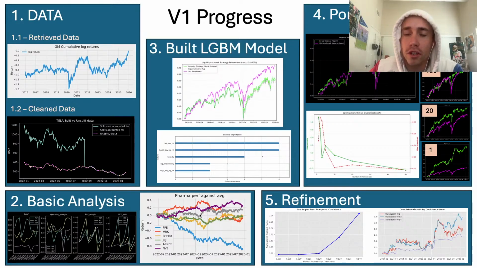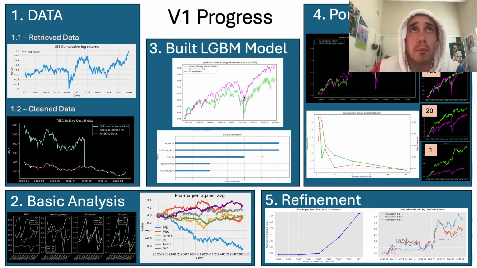So the next thing to do was to put this into a model that I can train and spit out outputs. This is a LightGBM model. GBM stands for gradient boosting model. It's like a random forest, but it uses a different strategy and it goes a lot faster.